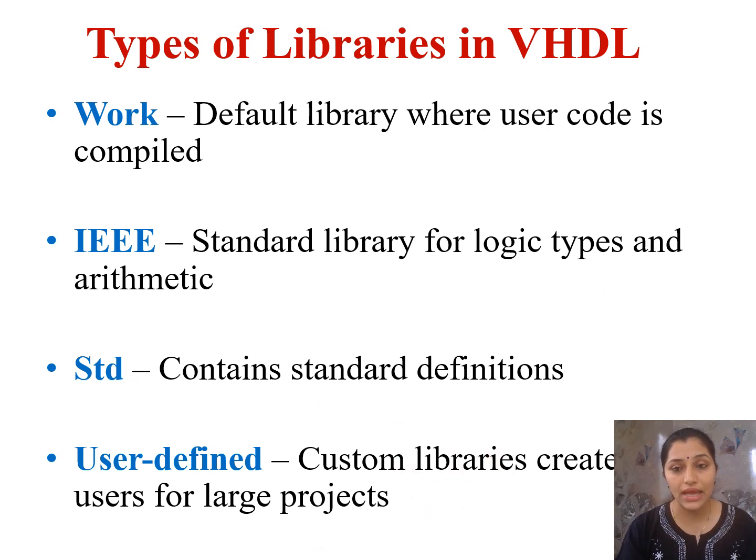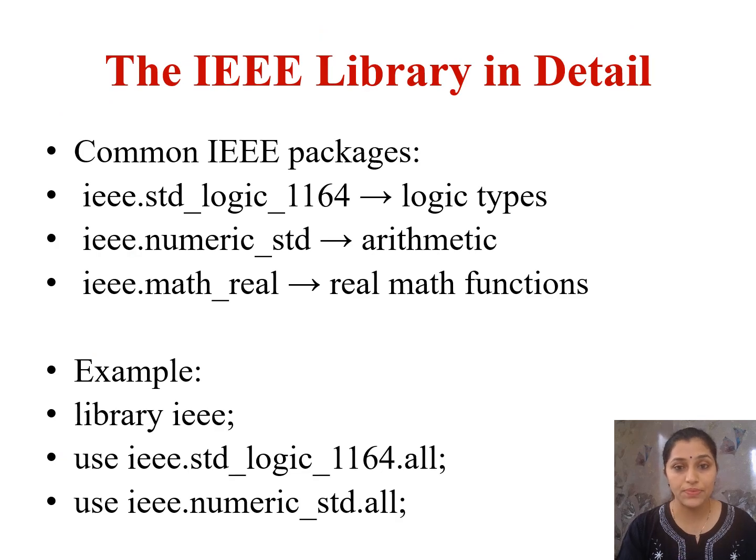So let's start with the library IEEE. IEEE is a library. It is like a folder. What does it have? It has packages, and the reusable programs or keywords are stored in those packages.